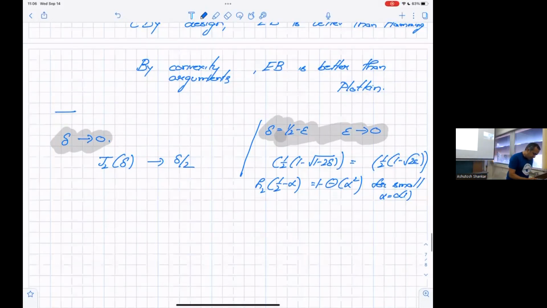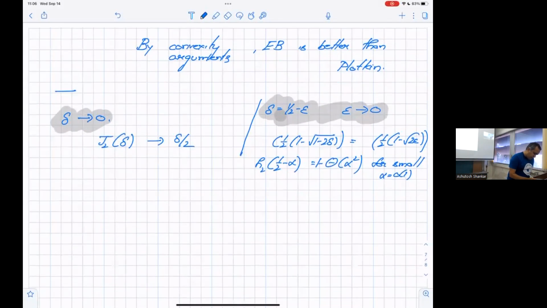Because of this, H2 of this one will be 1 minus order epsilon.